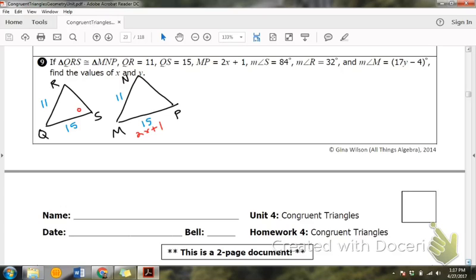If S is 84, what else is 84? P. Go mark it over there. When you draw them to look exactly the same, you don't have to think about which one goes with which. It says angle R is 32. If R is 32, what else is 32? N.